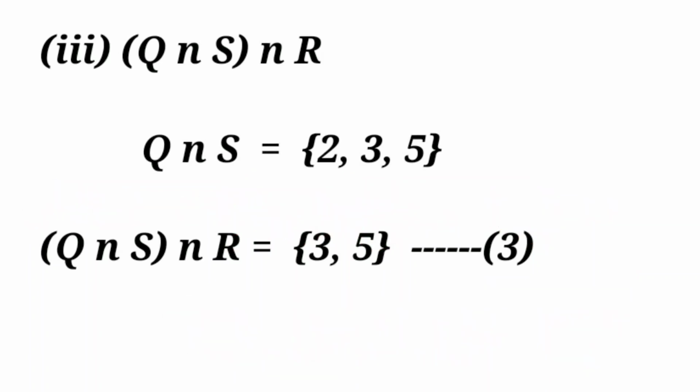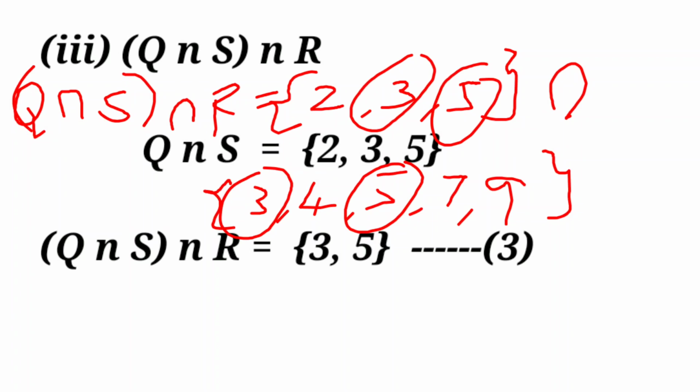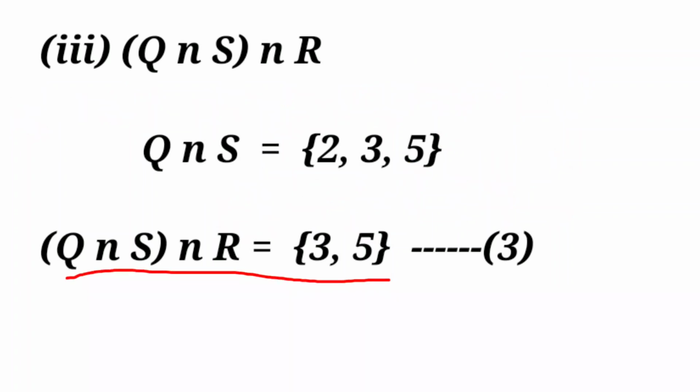Then Q intersection S intersection R is equal to {2, 3, 5} intersection {3, 4, 5, 7, 9}. Common elements are 3 and 5. Therefore, Q intersection S intersection R is equal to {3, 5}. That's all.